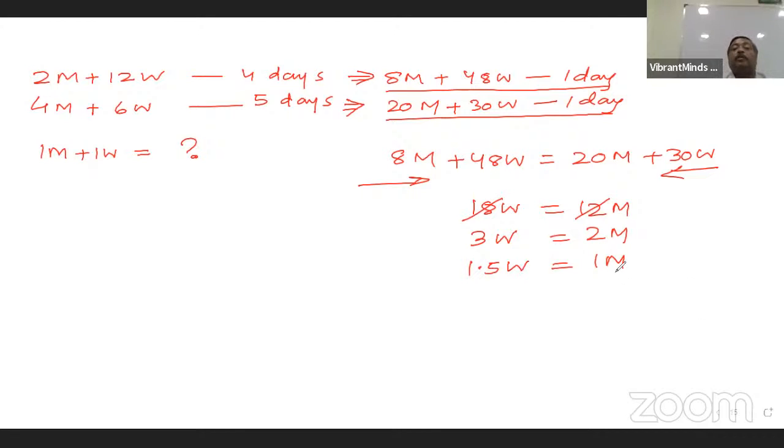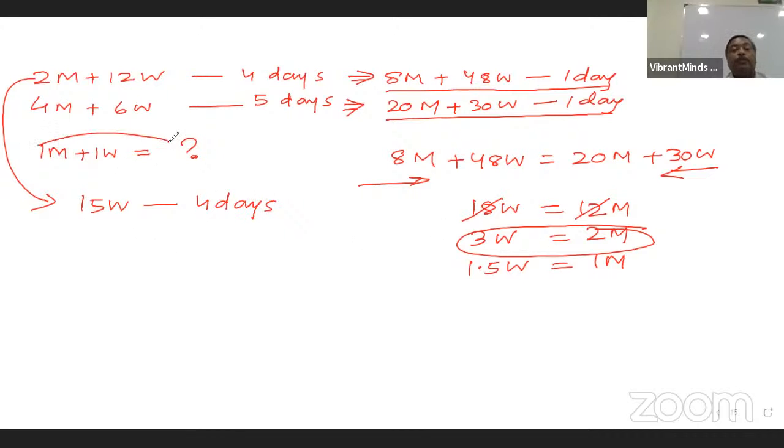Now let's convert man into woman. Now see, in this question, when I am substituting the value, what do I get? 2 men can be substituted by 3 women. So it will be 15 women can complete it in 4 days.